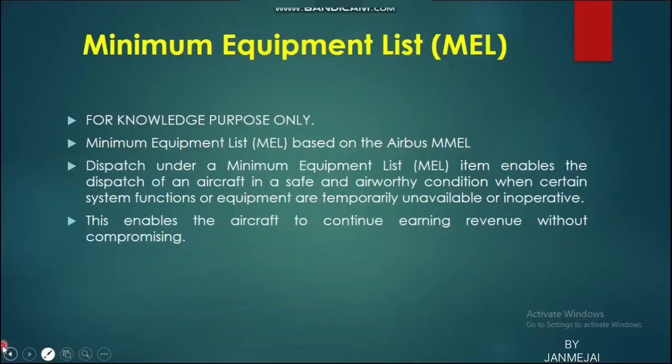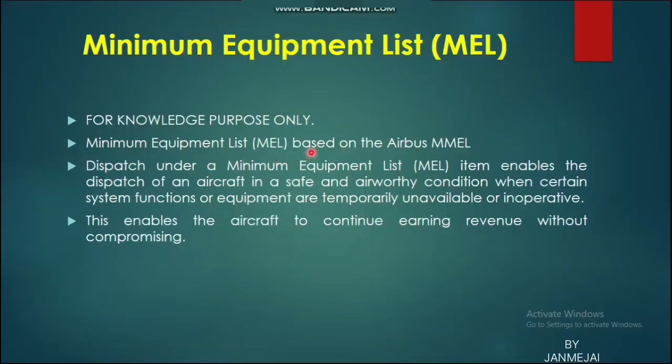So if there is some inoperative item, there is the MEL which you can utilize to dispatch the aircraft for safe flight, and it will not impact the operation, and the company will not lose due to the cancellation of a flight. This also helps generate revenue, because one flight cancellation is a cost to the company. So this MEL is a provision. In simple words, I can say this MEL is for redundancy purposes.